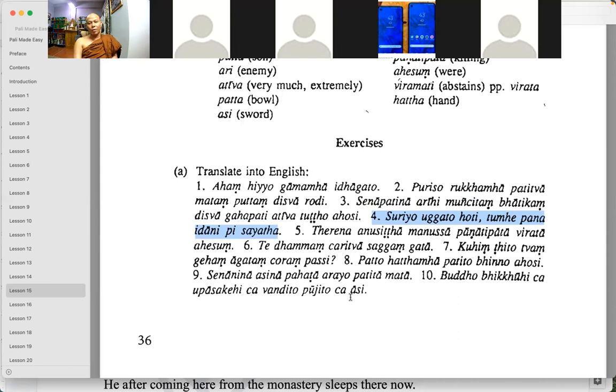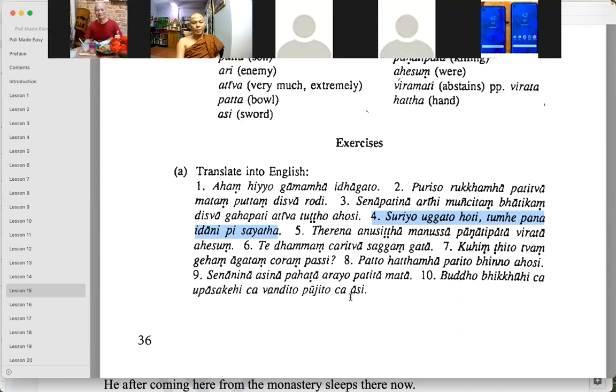So now who will be? Okay, Damadra. Suriyo ugato hoti, tumhe pana idani sayatha. In this sentence, Suriyo is the subject because the ending O is nominative.